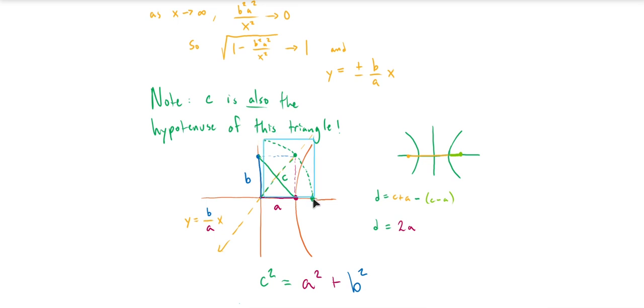And if we were to take this point and plug it back in to our locus definition, we would find that it is indeed the focus that satisfies the locus definition for the points along this orange hyperbola.